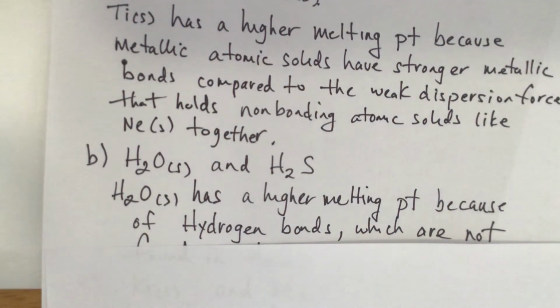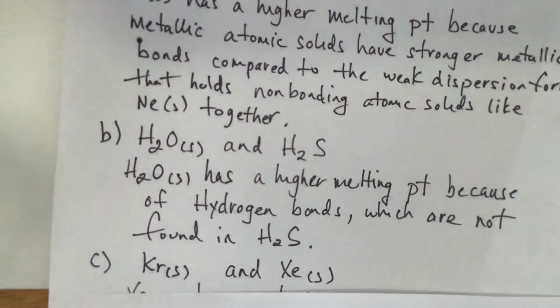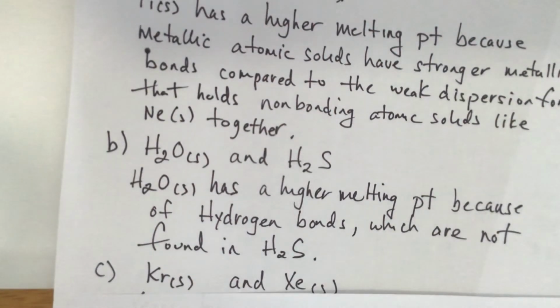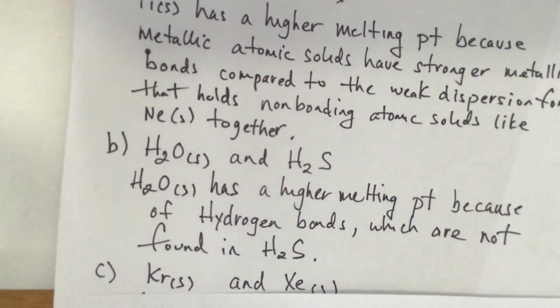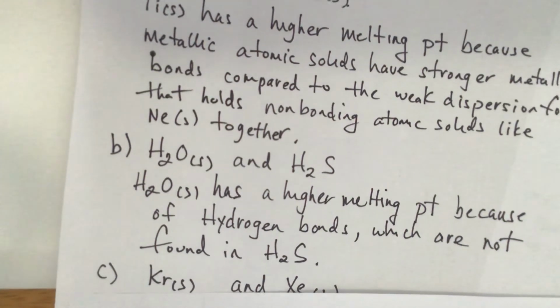So what kind of intermolecular forces do krypton and xenon display? The only intermolecular forces that these two can display are London dispersion forces. The one with the stronger dispersion force is going to have the higher melting point.